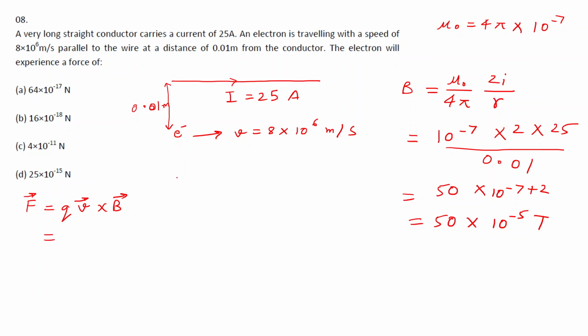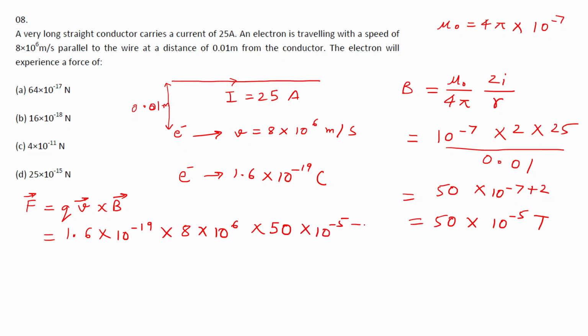The charge of an electron we take as 1.6 times 10 to the power minus 19 coulomb, and velocity we have been given is 8 times 10 to the power 6 meters per second. Everything is in SI unit, and the magnetic field we found is 50 times 10 to the power minus 5 Tesla.